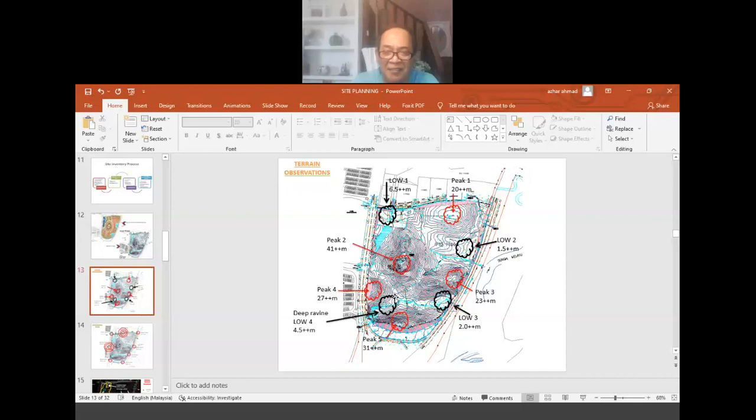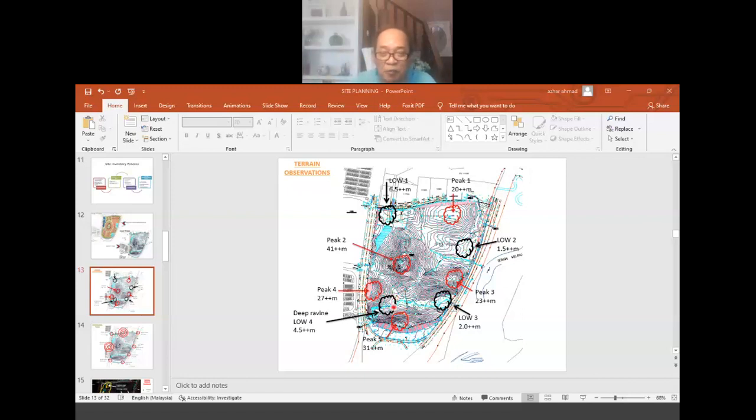And one interesting observation in this example is that there is a zone where there is a deep ravine. Ravine is like a gully. So in between these two peaks, there is a very deep ravine. Okay. So these are all observations based on the terrain, based on the topography of the site.